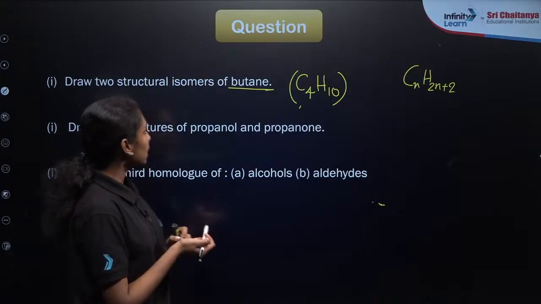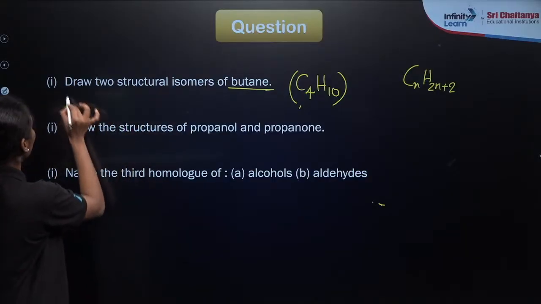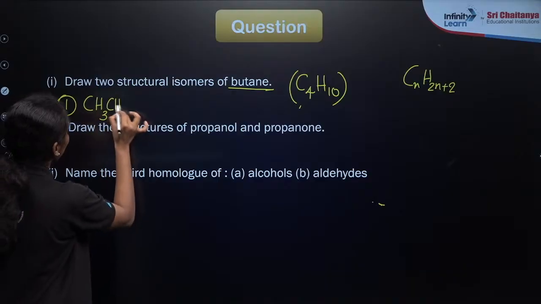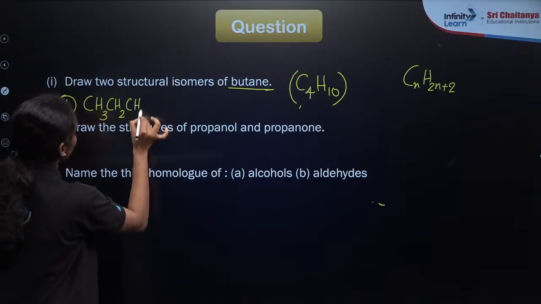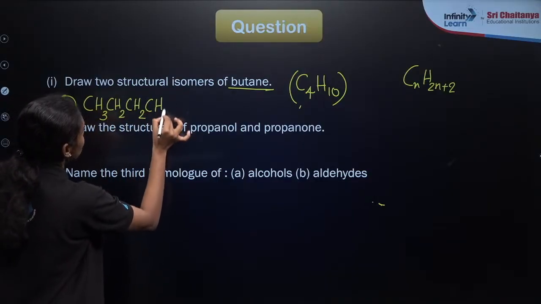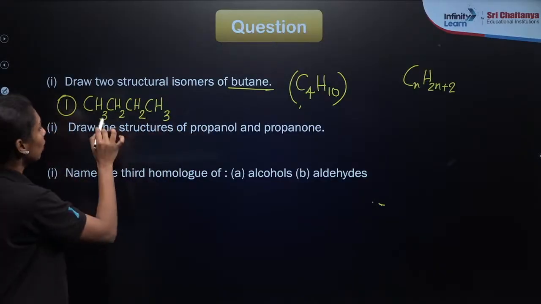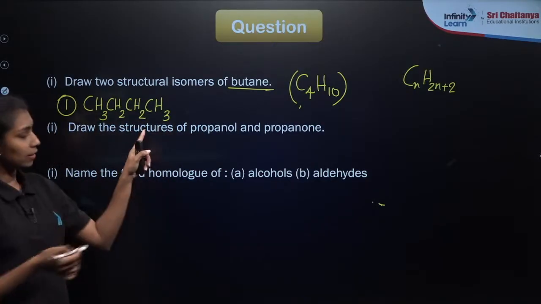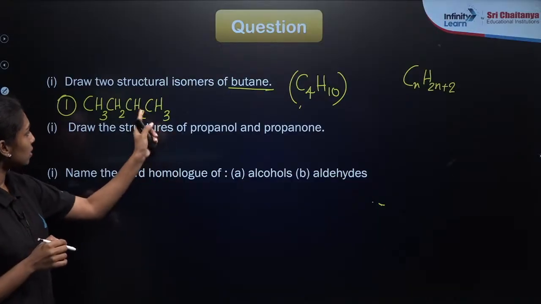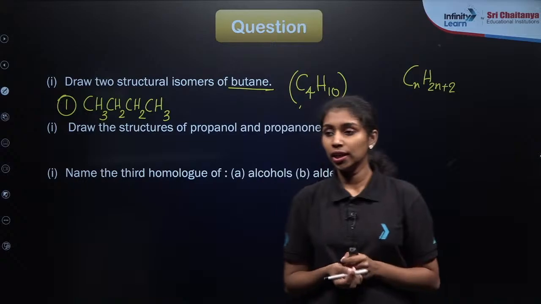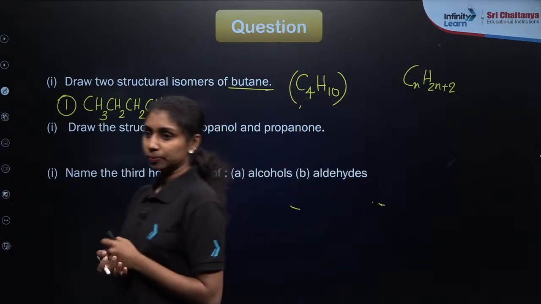First we need to identify the straight chain formula, right? So this will be the straight chain formula of the butane. 4 carbon atoms are present, and total 10 hydrogens are also present. So this C4H10 is a long straight chain compound of the butane. Now what will be the another possibility?